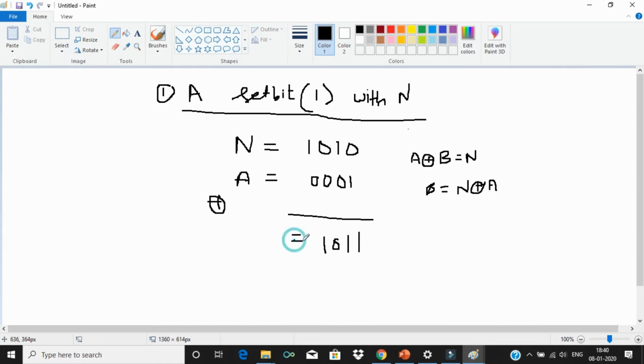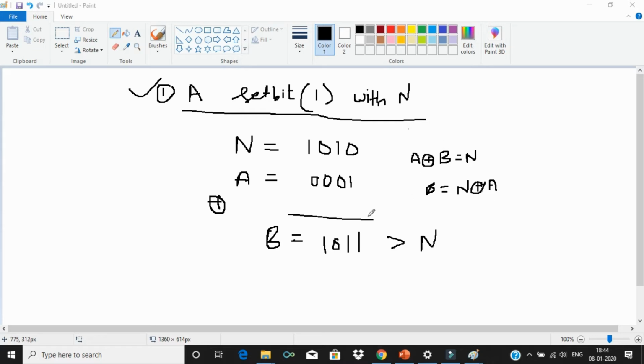This is the value of B, which is not possible because it is greater than N. This violates the condition of the question that A and B should lie between 1 and capital N, both inclusive. So this is the first property: there should be at least one common set bit between A and N.